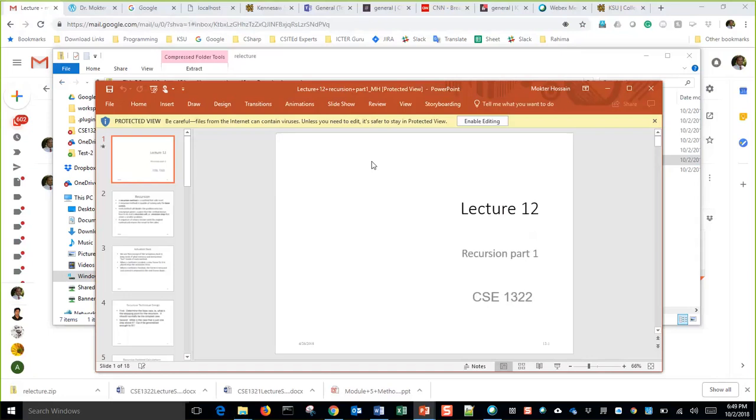That means in order to evaluate factorial n, we will use n times factorial n minus 1. So we will return n times fact(n minus 1). That's it.